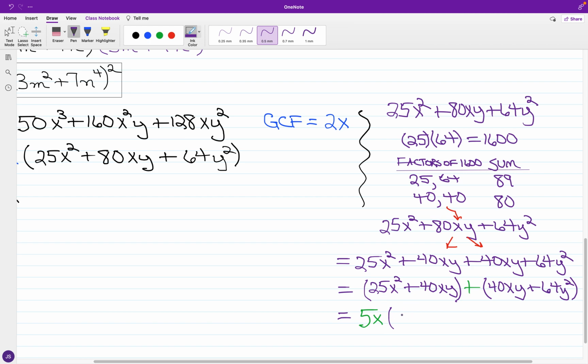And 5x into this duo, okay, we have 5x plus 8y. And for 40xy plus 64y squared, the greatest common factor, we have y in this case, so this is going to be 8y. And this will go 5x plus 8y times.